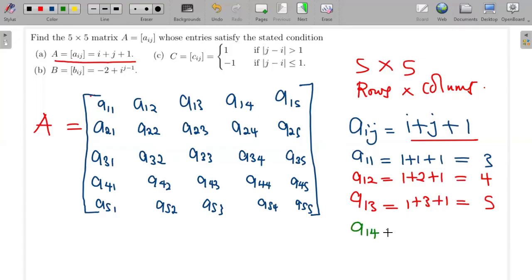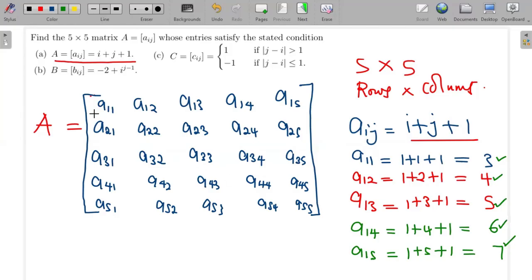A14 is 1 plus 4 plus 1, equal to 6. And the last one in the first row is A15, which is 1 plus 5 plus 1, equal to 7. So the elements in the first row are 3, and then 4, 5, 6, 7.